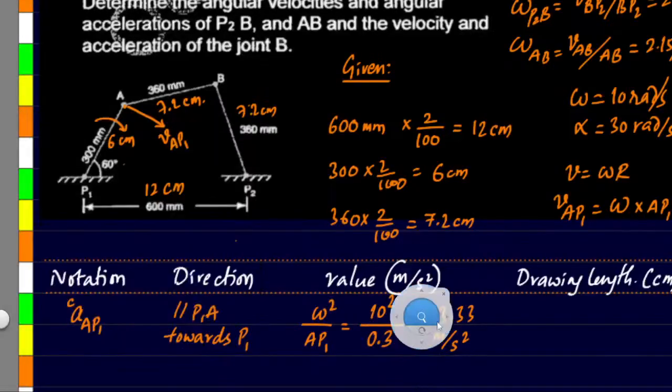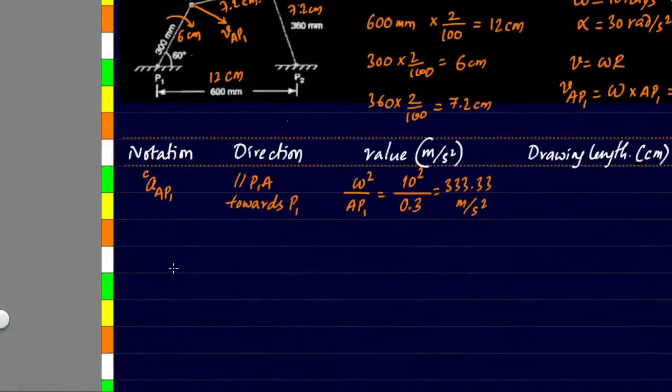Then there will be one more component of acceleration, that is the tangential acceleration of A with respect to P1. Tangential acceleration will be perpendicular to P1A, and because it is clockwise, it will be towards right. I've already told you the formula for tangential acceleration.